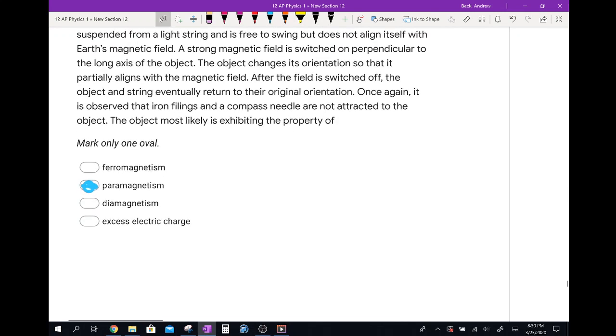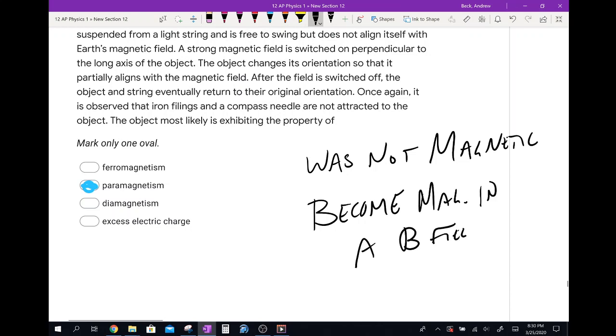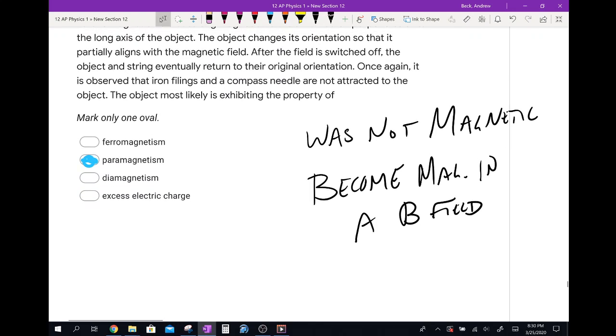This really comes down to definition. We had something that was not magnetic, and then it could become magnetic in the presence of another magnetic field, in a B field, and then is no longer magnetic after that.